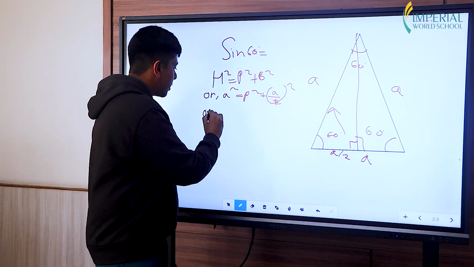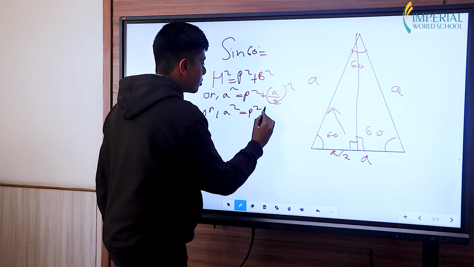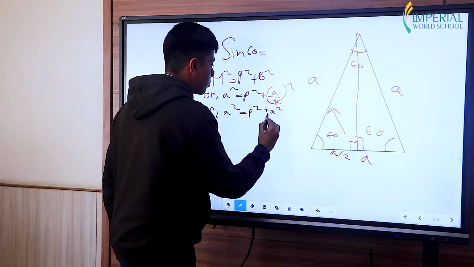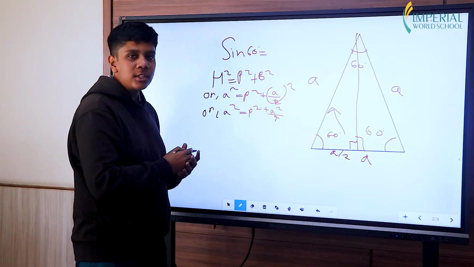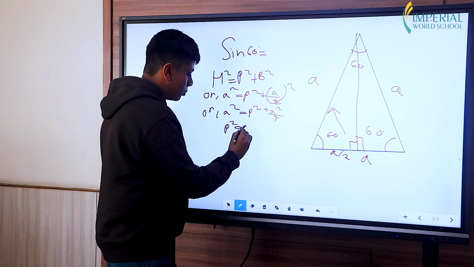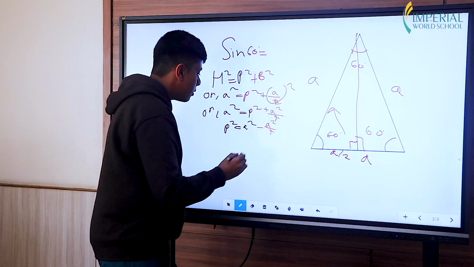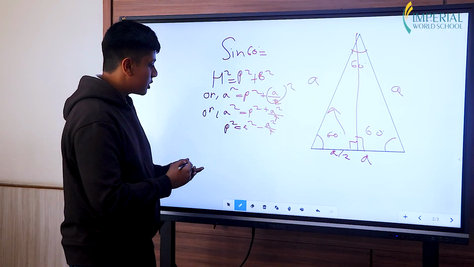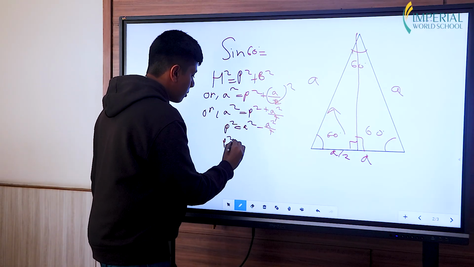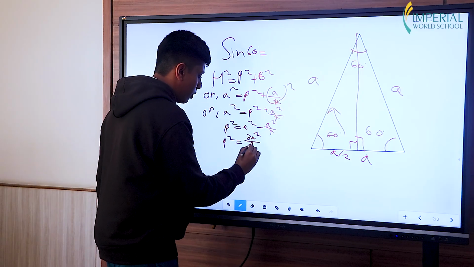Simplifying, a square equals p square plus a square by 4. Rearranging this equation, p square equals a square minus a square by 4, which simplifies to p square equals 3a square by 4.